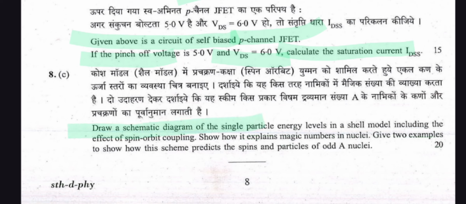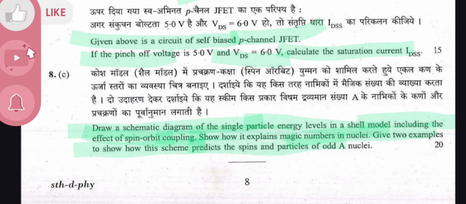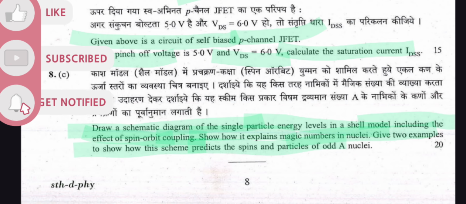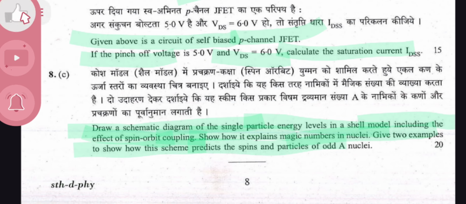Draw the schematic diagram of the single particle energy levels in the shell model, including the effect of spin orbit coupling. How does it explain the magic numbers of nuclei? Give two examples to show how this scheme predicts the spins and parities of odd A nuclei.